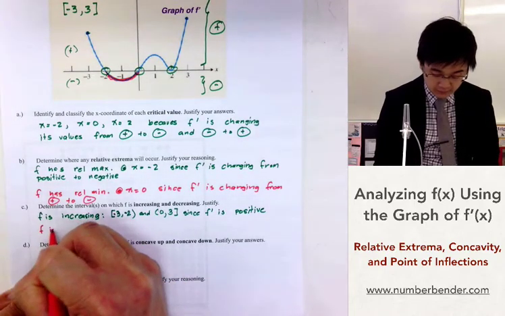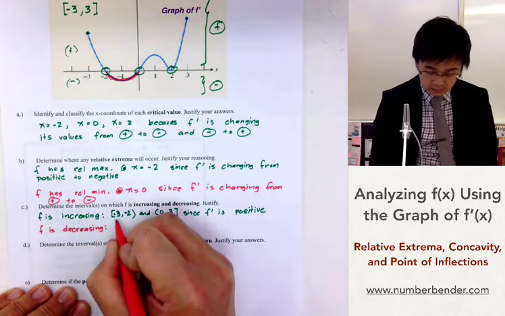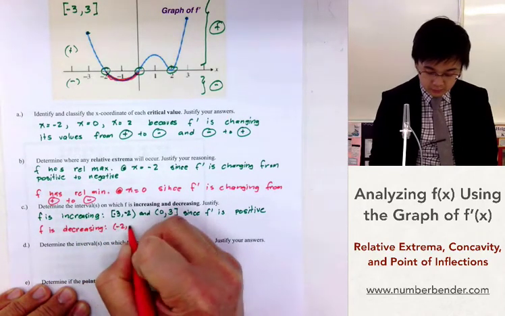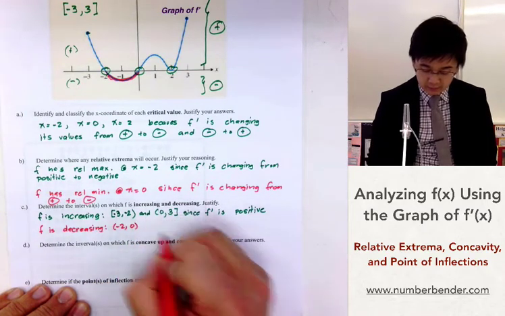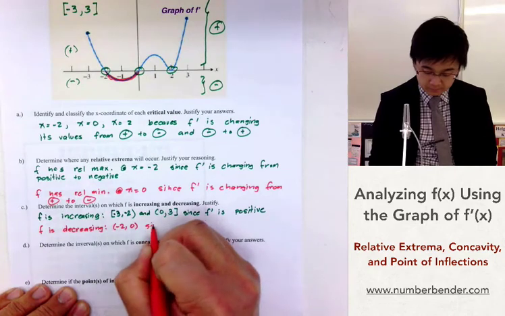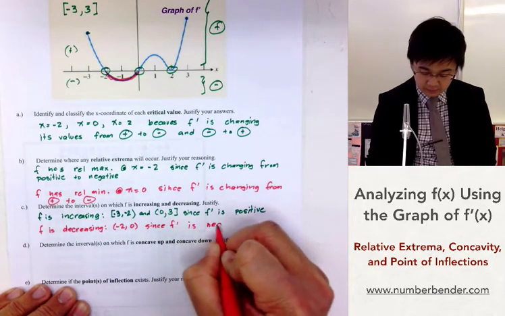So f is decreasing from -2 to 0. And the reason is because f prime is negative.